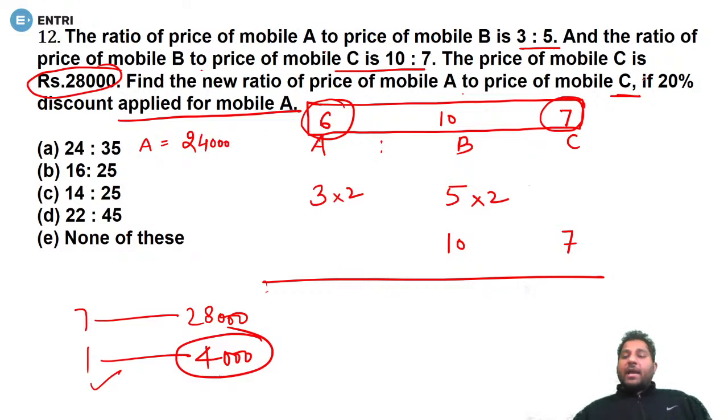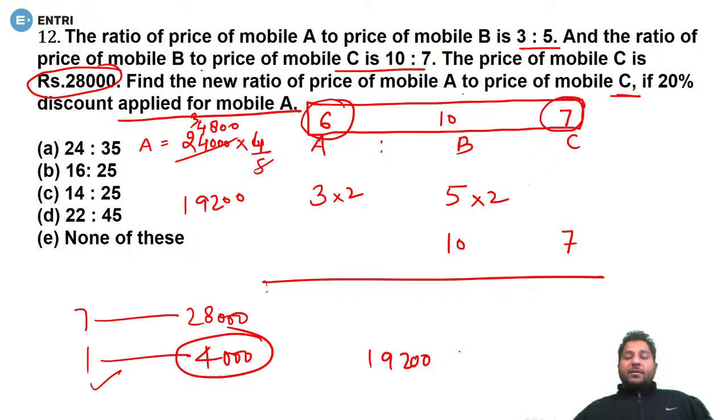If they have applied a 20% discount, they must have sold at 80%. 5 2s are 10, 5 4s are 20, 5 8s are 40, so 4 8s are 32, that means 19,200.